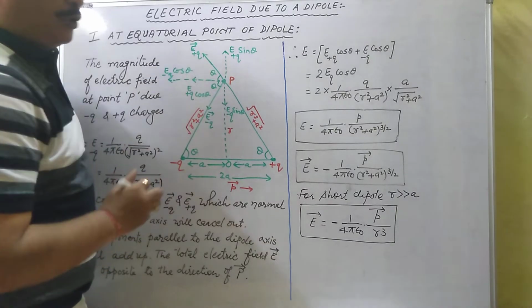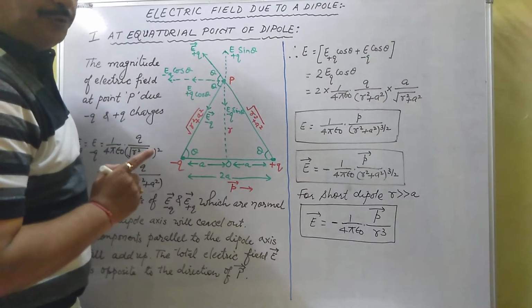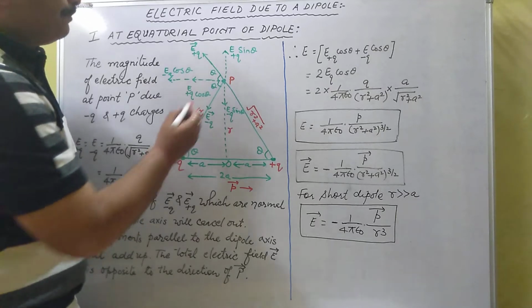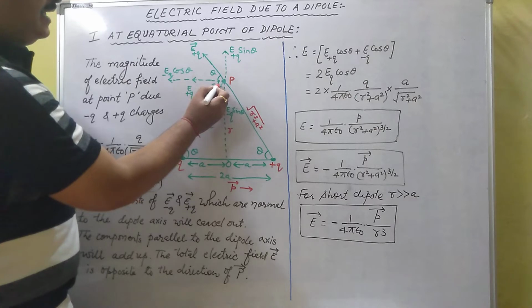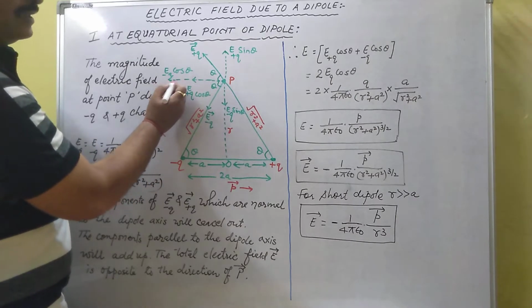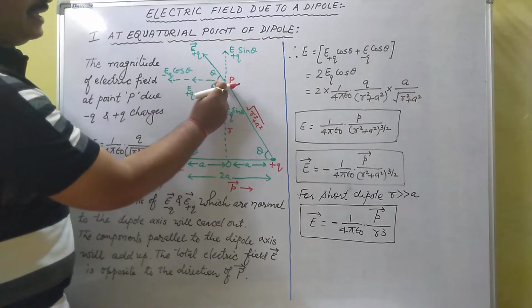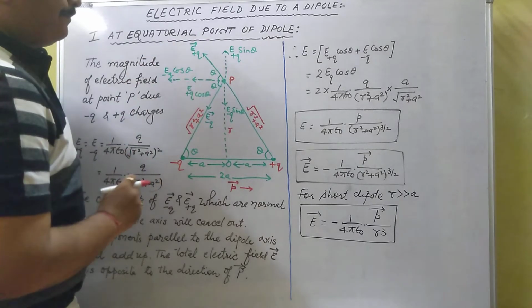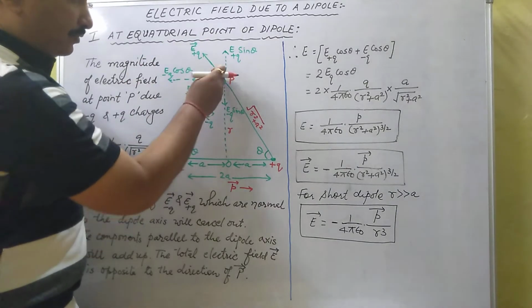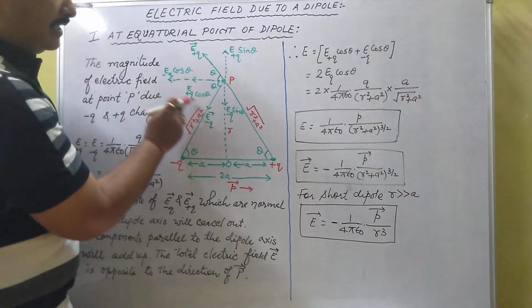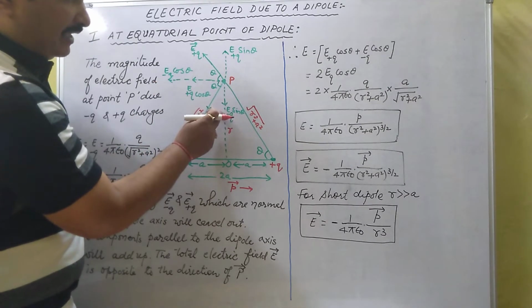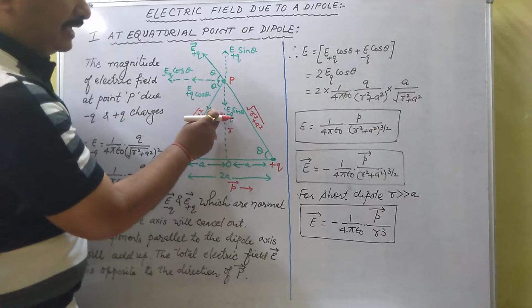E plus q is resolved into two components, vector resolution, which we have done in class 11. E plus q sine theta and E plus q cos theta, right? Similarly, for E minus q, again this angle is theta, so this will give you E minus q cos theta and E minus q sine theta.